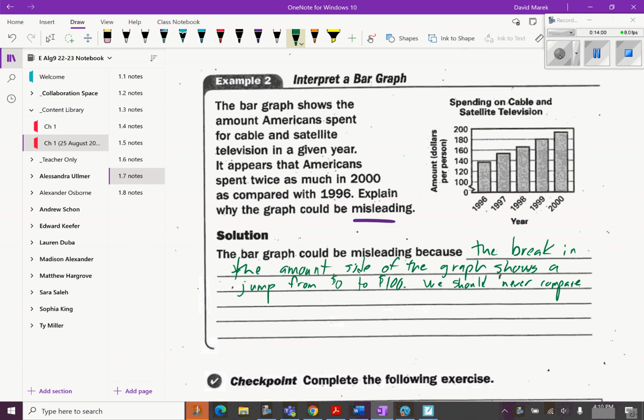Well, I'm sorry, let me clarify that. Another good thing here is that for each of these rectangles, they're the exact same width. And that's what we should have with the bar graph. So interpreting the meaning of this data, all we're looking for then is the height of those rectangles.